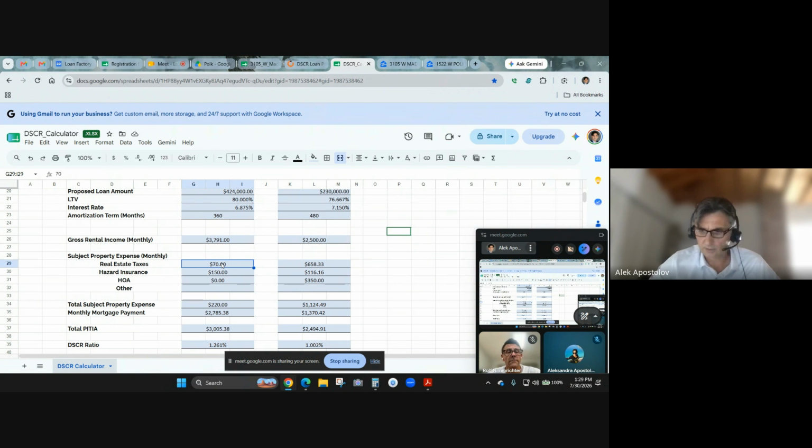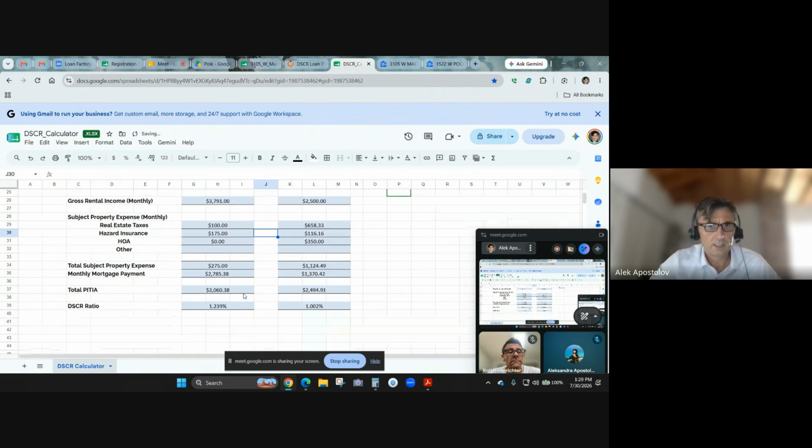The taxes are going to be probably a little bit higher on this one. The hazard insurance should also be a little bit higher. And again, we're going to get to a monthly mortgage payment of 2,785. Similar PITI, a little bit higher, but again, this property cash flows at 1.39. It's not too much.